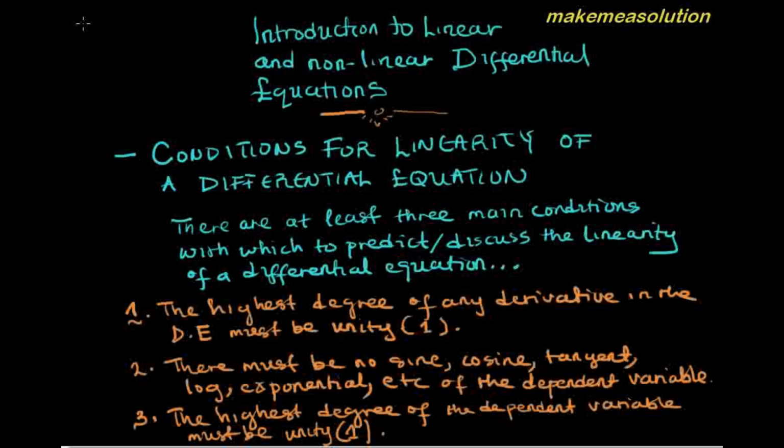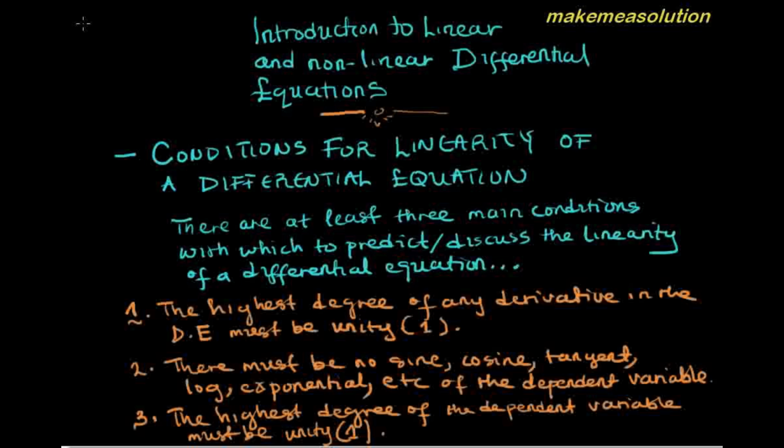So they're trying to tell us that there must be no sine, no cosine, no tangent, etc., of any of the dependent variable. It must not be there. But if peradventure you discover a sine, a cosine, or a tangent of any of the dependent variable, then this is no more a linear differential equation. It becomes a non-linear differential equation.